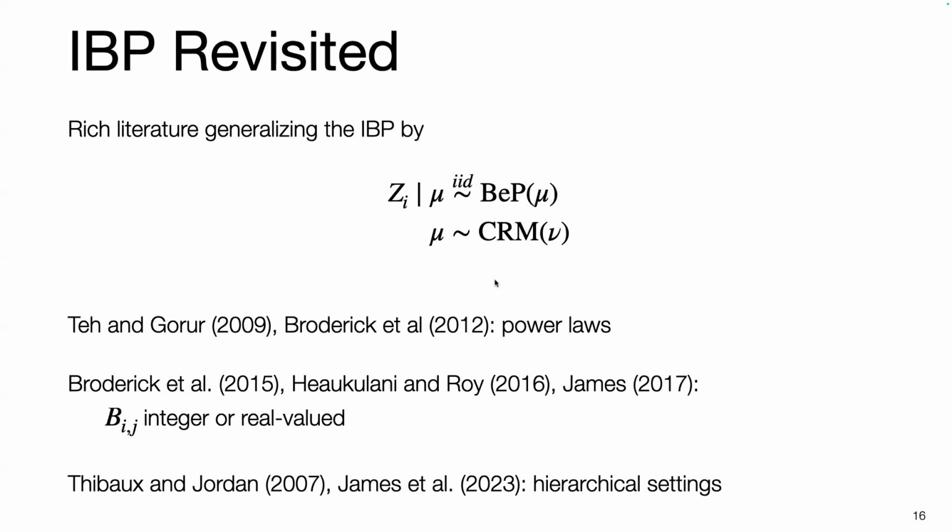But we can also generalize the model by assuming that the Bij's are not binary variables, but are integer or even real valued. And we can consider more complex dependencies, such as to deal with partially exchangeable data by exploiting the rich literature on hierarchical completely random measures.